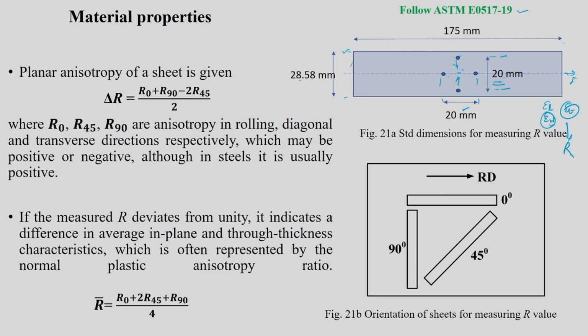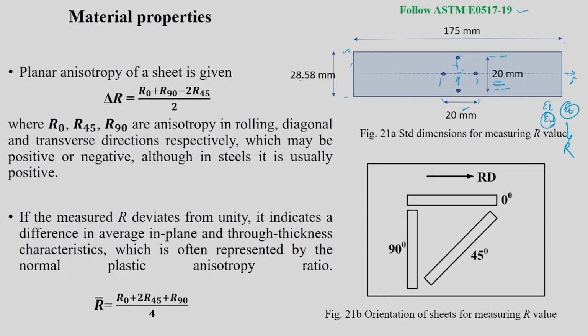Then you will find that, say, R is 1.3, the material is anisotropic. R is 0.85, the material is anisotropic in nature. Now this R value can be calculated in the 0 degree rolling direction, we call it R naught, along the 90 degree rolling direction, that is R90, and along the 45 degree rolling direction, that is R45.